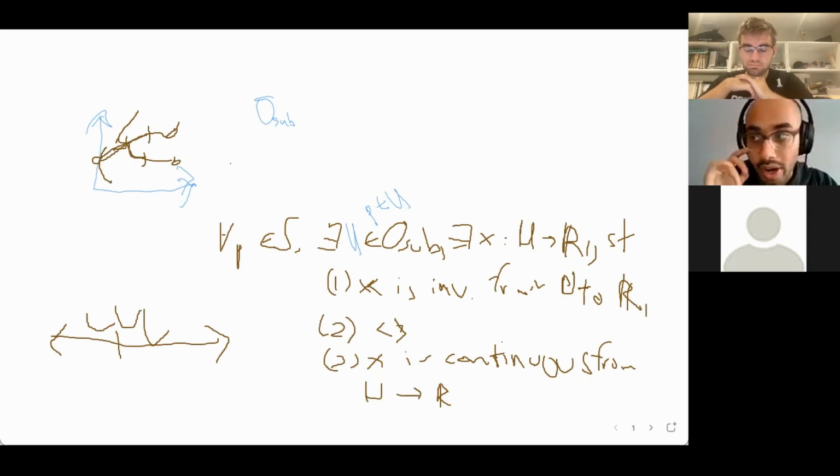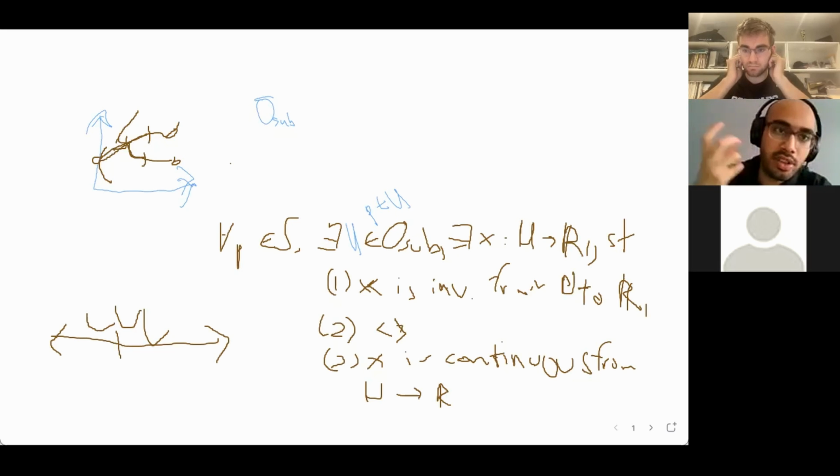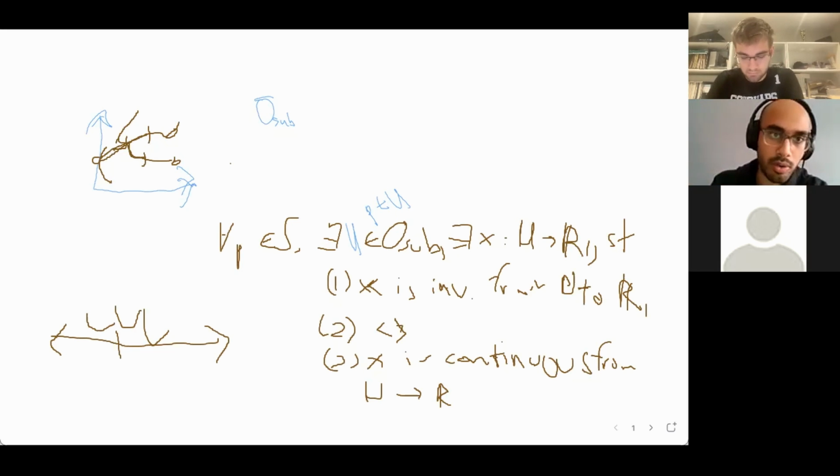In those three branches there is no map that is invertible to R1, because intuitively, you step in one direction of the branch, you step in the other, and that information of which branch you stepped on is lost when you go to R1. So it's not invertible. You're losing information.